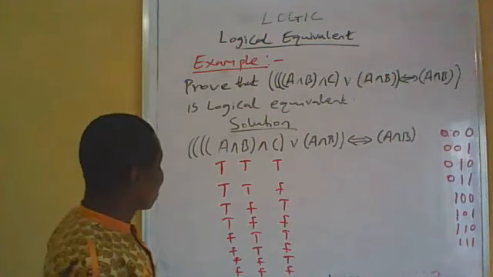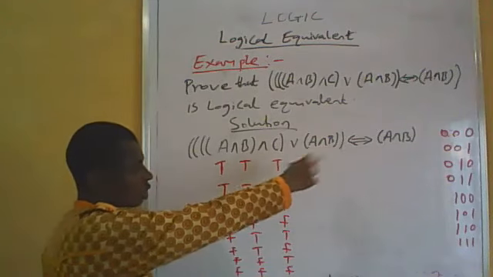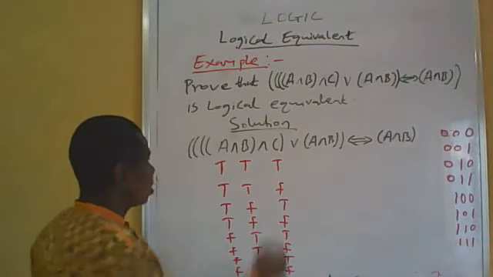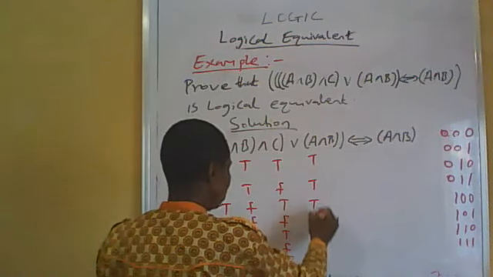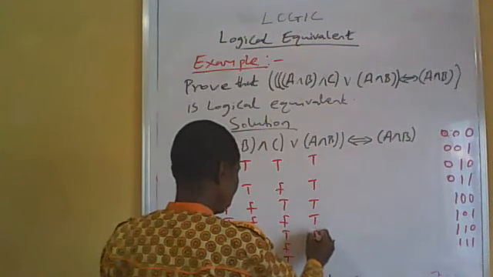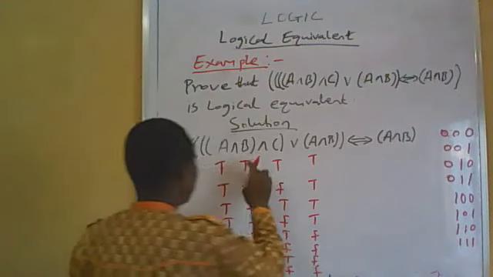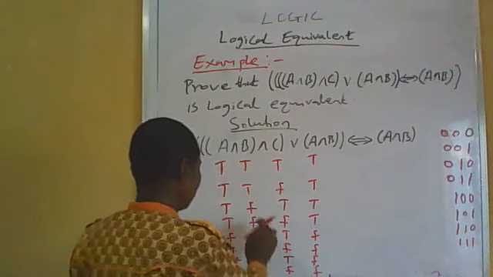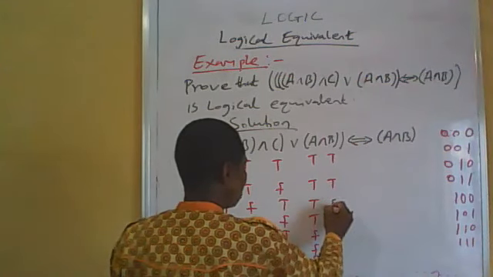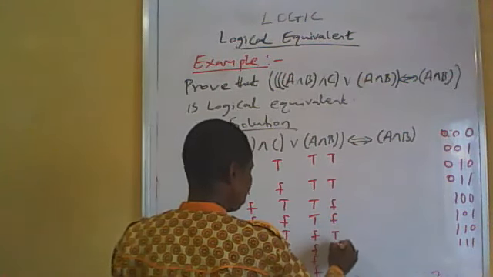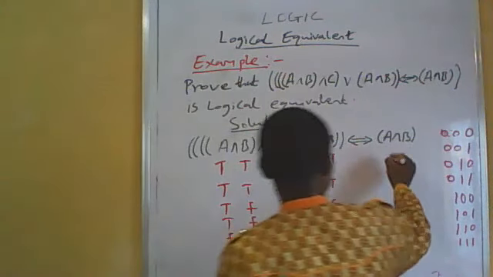So that is our table. Then let us copy the same truth values of A and B to the other side. Now here you have T, T, T, T, F, F, F, F. Here you have T, T, F, F, T, T, F, F. Copy it here.